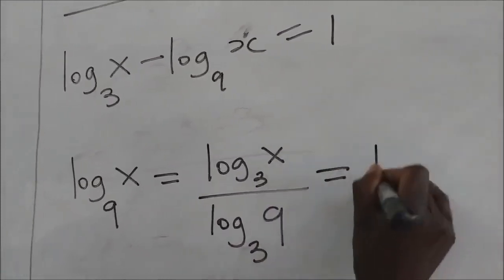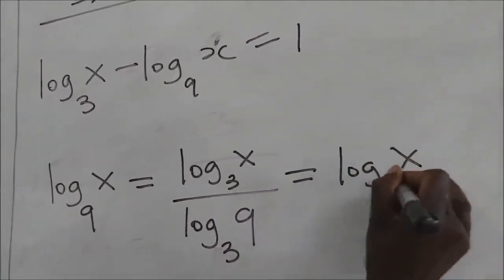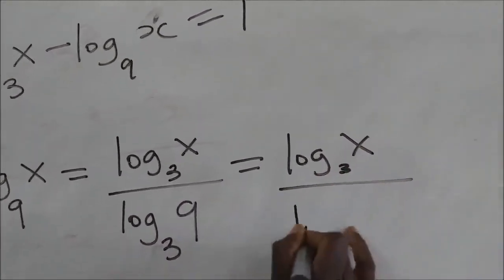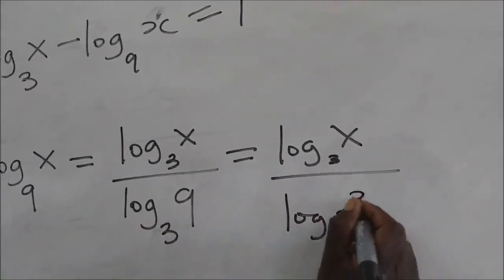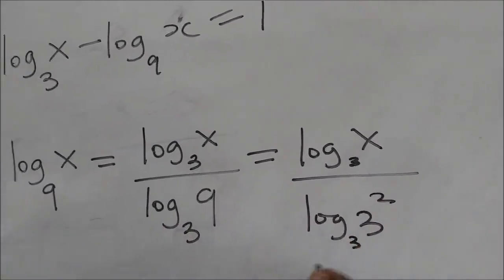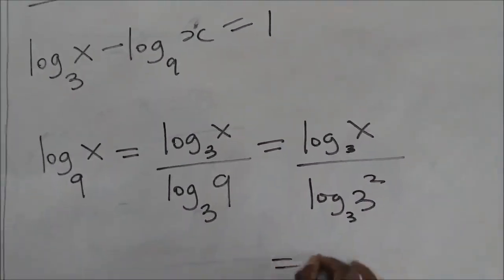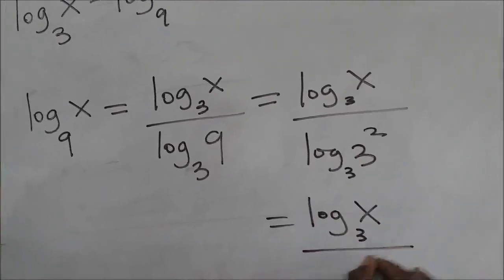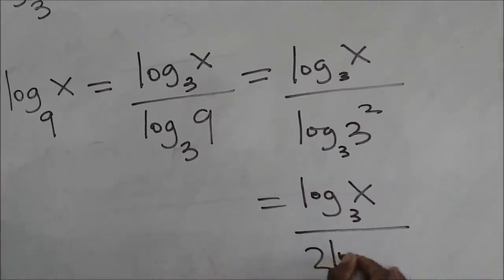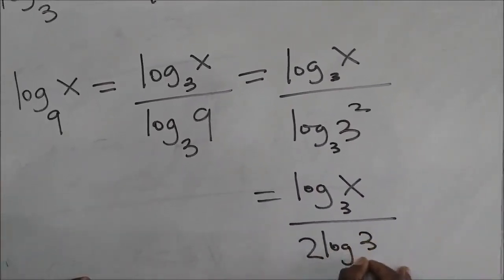We shall proceed and have log x to base 3 over log of 3 to the power 2, with base 3, and go further and write it as log of x to base 3 over 2 log 3 to base 3.